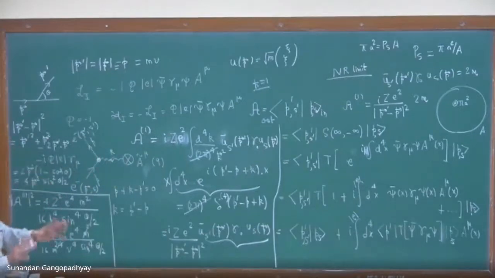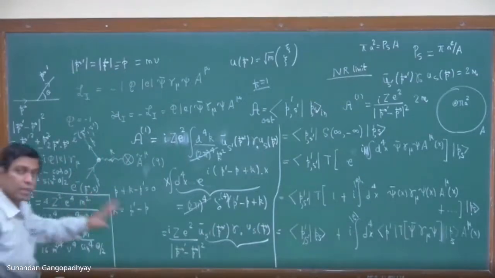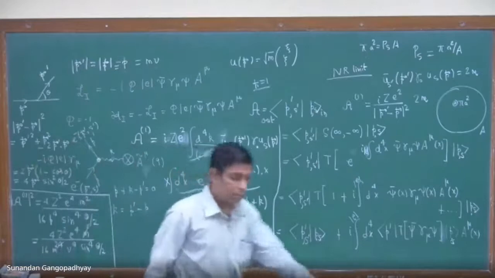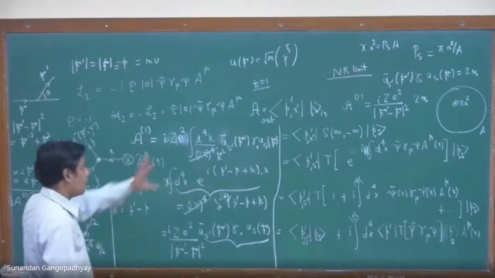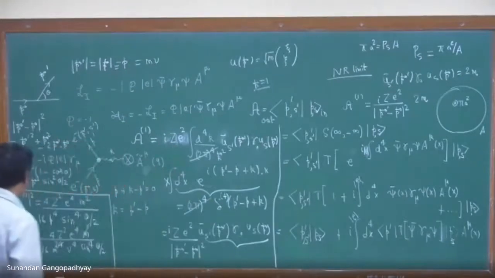So this is roughly the concept of cross section, but I shall again discuss it in detail in another lecture. But for now, you just remember that this is what you mean by cross section.